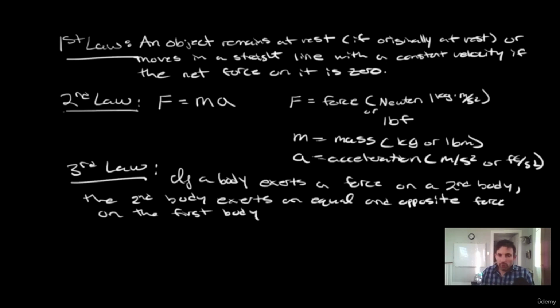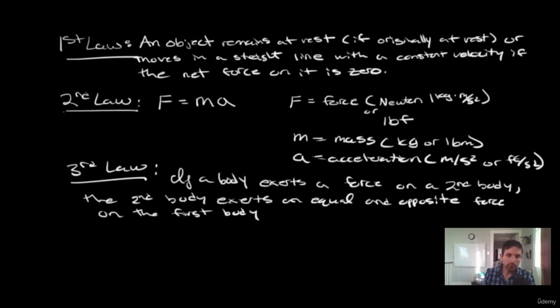So I'm sure you're probably vaguely familiar, at least, with some of these laws. So the first law, an object remains at rest if originally at rest, or moves in a straight line with constant velocity if the net force on it is zero. Basically, you've probably heard it: an object at rest stays at rest, an object in motion stays in motion unless an outside force acts on it.